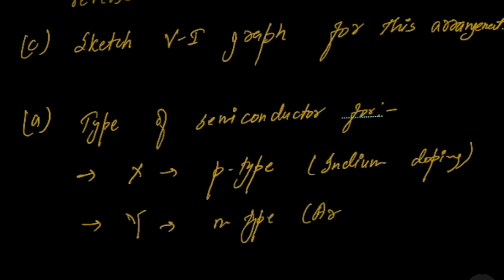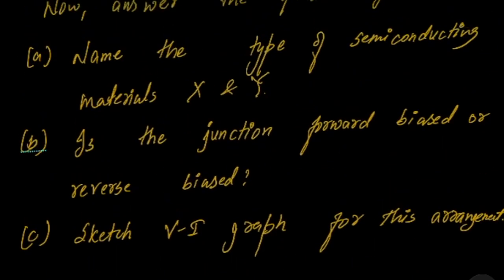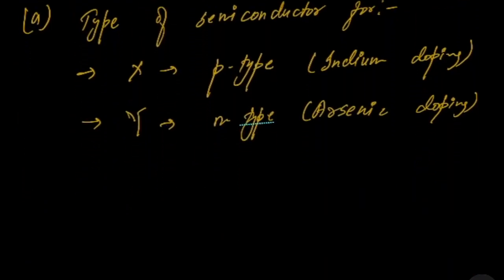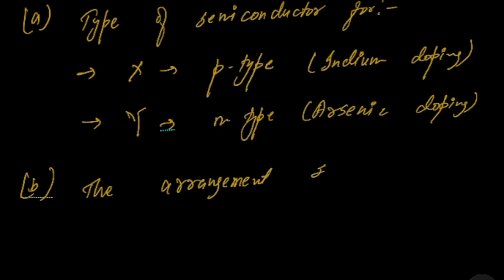In this there is arsenic doping. Now the second question is, is the junction forward biased or reverse biased? So this is forward biased, so the arrangement shows it is forward bias.